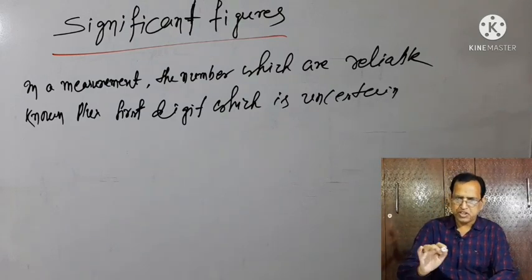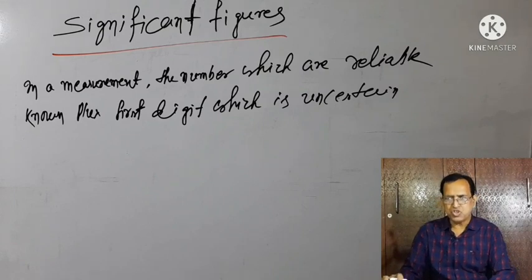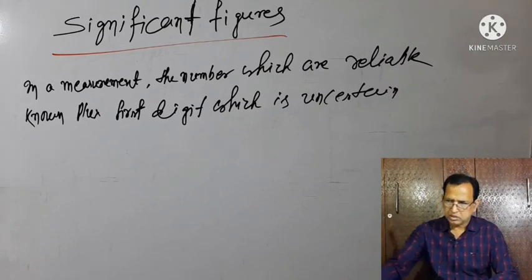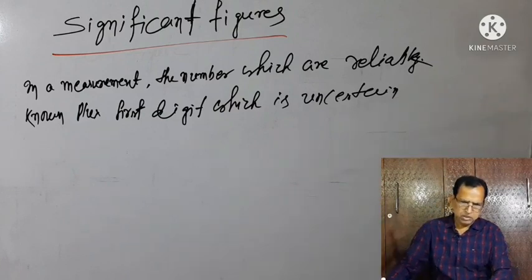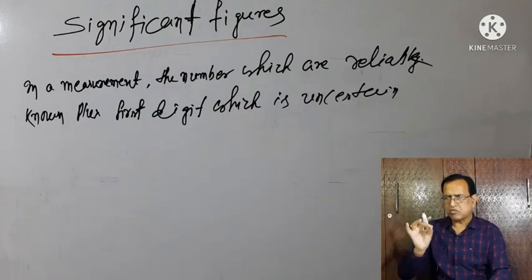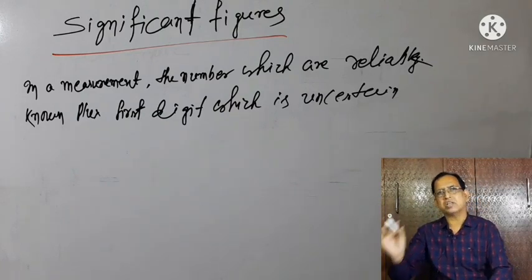That means in a measurement, the numbers which are reliable, known, plus the first digit which is uncertain.